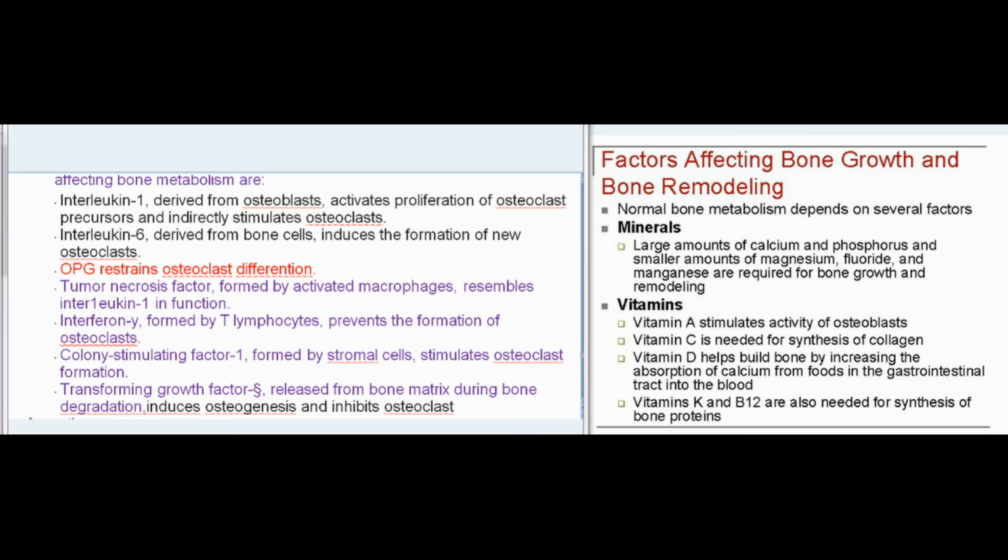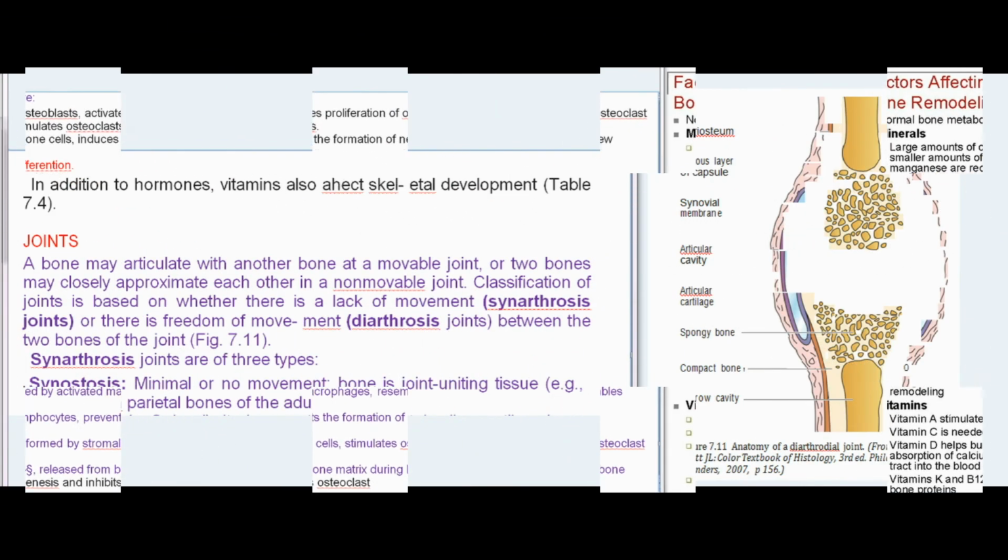Tumor necrosis factor, formed by activated macrophages, resembles interleukin-1 in function. Interferon gamma, formed by T lymphocytes, prevents the formation of osteoclasts. Colony-stimulating factor 1, formed by stromal cells, stimulates osteoclast formation. Transforming growth factor beta, released from bone matrix during bone degradation, induces osteogenesis and inhibits osteoclast formation.